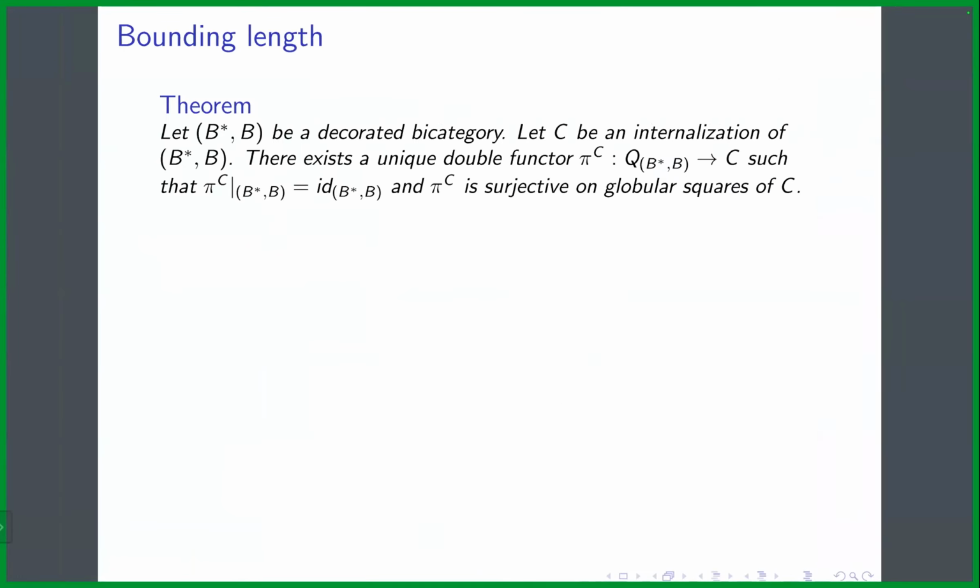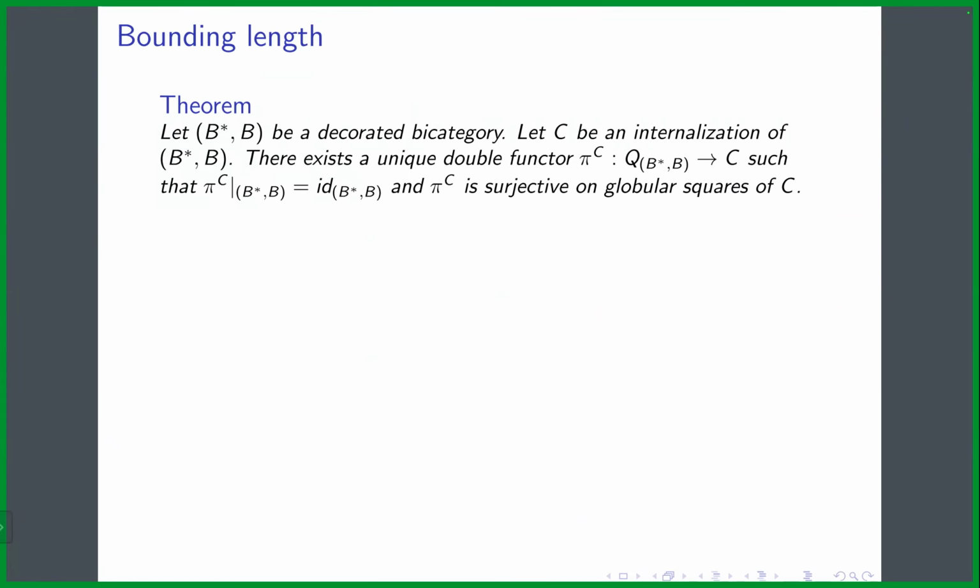Now another thing that we can say is this canonical projection. We prove the following theorem. If (B*, B) is a decorated bicategory and C is an internalization of (B*, B), then there exists a unique double functor π_C from the free globularly generated double category Q(B*, B) associated to (B*, B) to this internalization C. C has to be globularly generated, I'm sorry, I didn't write that here.